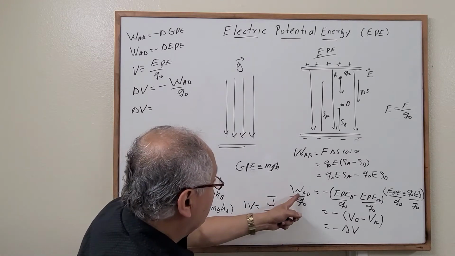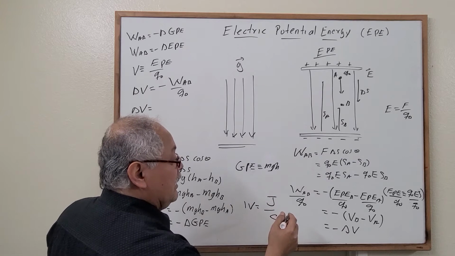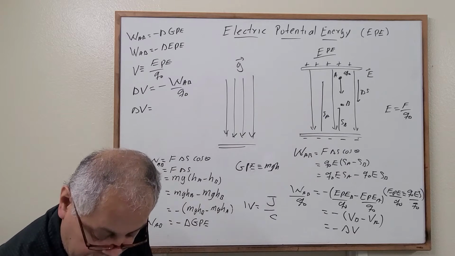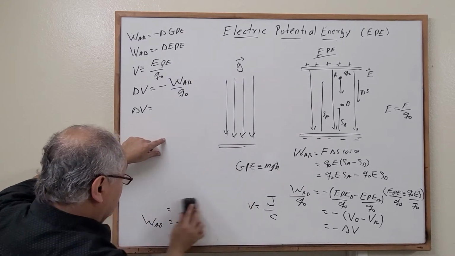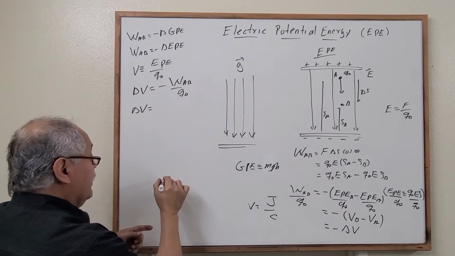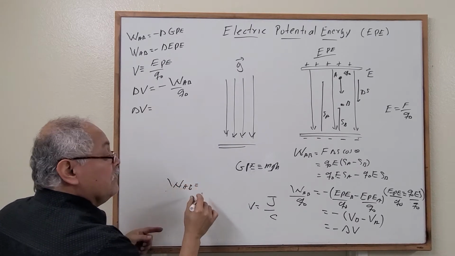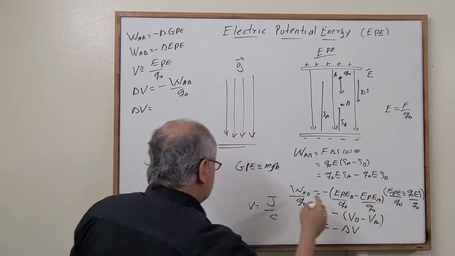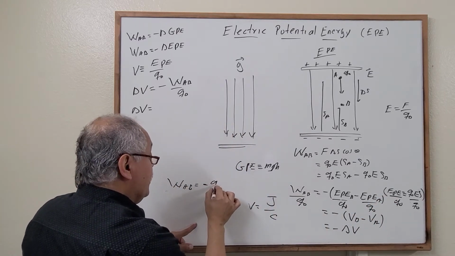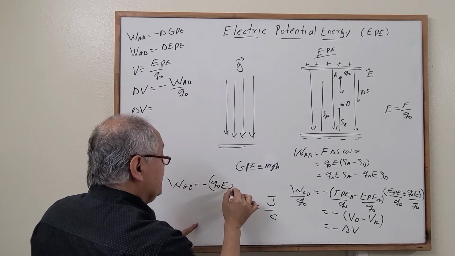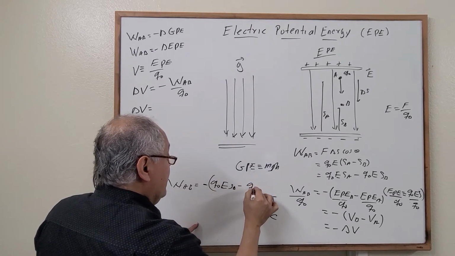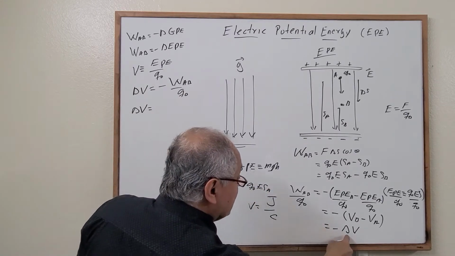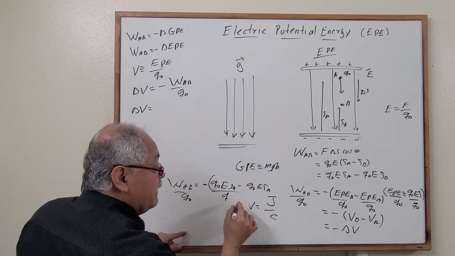Also remember, work is equal to this, but look, I need more room. We have that work from A to B is equal to this quantity, which is negative Q naught E times S at B minus Q naught E S at A. We divide this by Q naught to get the change in voltage, the potential difference.